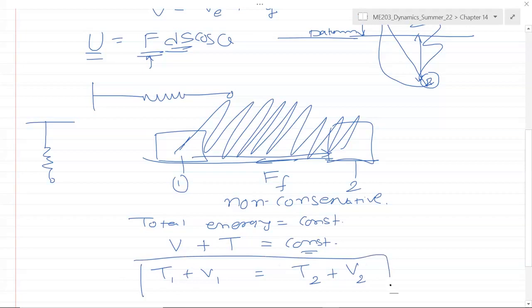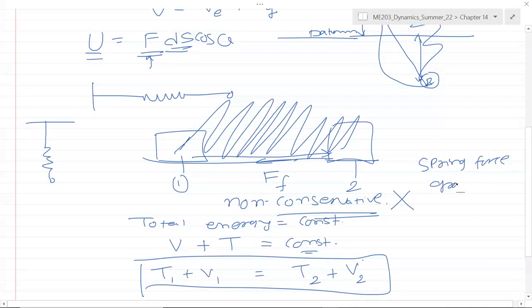This concept does not apply to non-conservative forces. It only applies to conservative forces such as spring force or gravity. So when these are the only forces that do work, then the conservation of energy concept is applied.